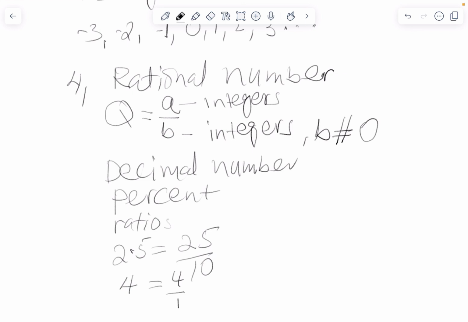So 4 is an integer, 1 is an integer, so this number qualifies to be a rational number. Let's say negative 2.4. It can be negative 24 over 10. Negative 24 is an integer, and 10 is also an integer. 10 is different from 0. So this is a rational number.